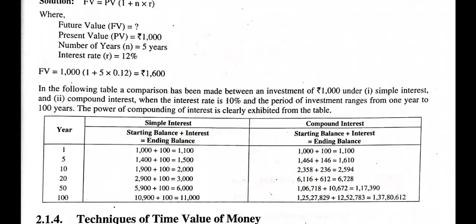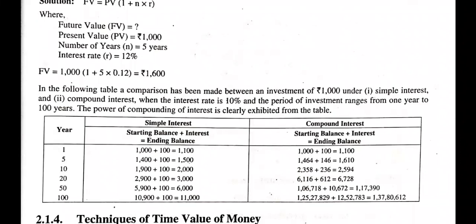But in compound interest, let us see, while it has gone compounding, the 1,000 rupees has reached the value of 1,37,080 rupees. So that way the compounding will go on happening, right?